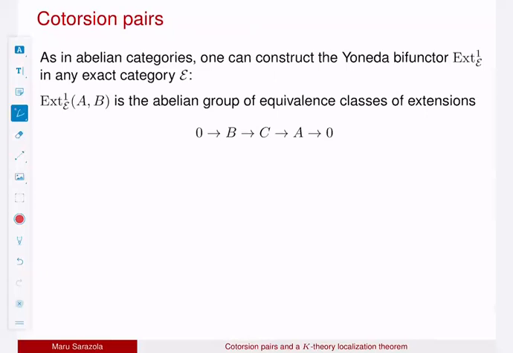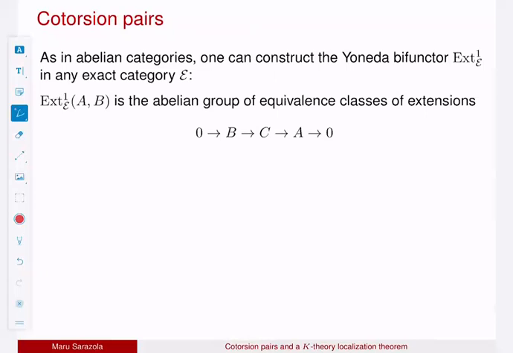All right. So we were saying our goal is to construct this Waldhausen category to act as the cofiber, and the tool to do that is going to be that of cotorsion pairs. So what are these things? Well, just like in abelian categories, whenever we have an exact category, we can construct the Ext^1 bifunctor.